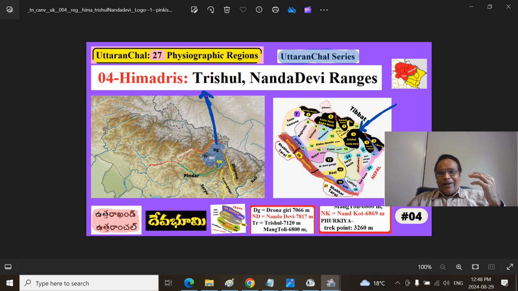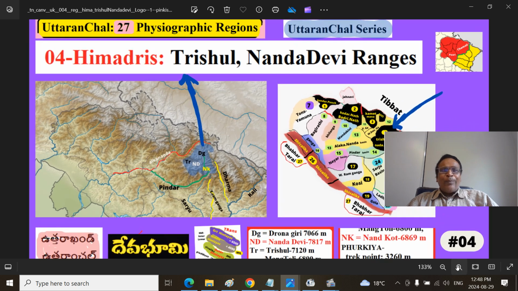Essentially we are looking at 3 or 4 mountain ranges called Trishul mountains, Nanda Devi, Nanda and Dronagiri. After this presentation, you will get a great clarity of this region.